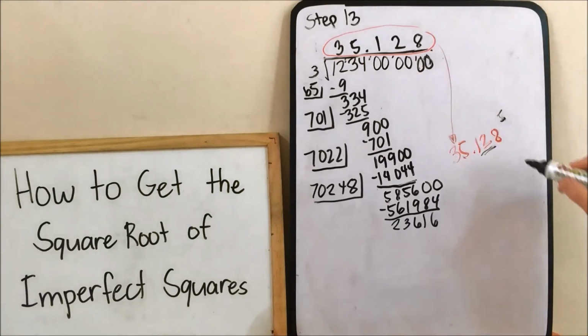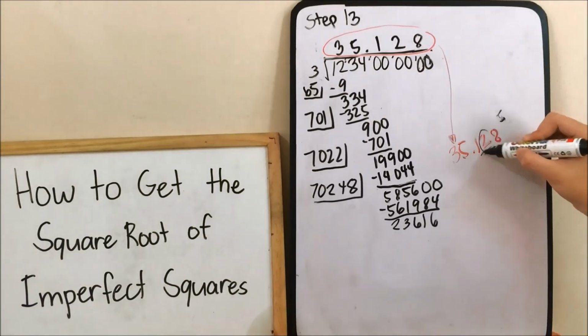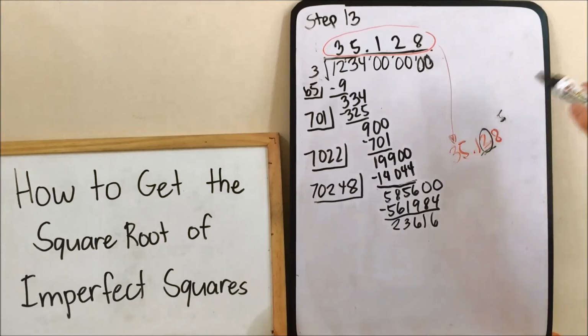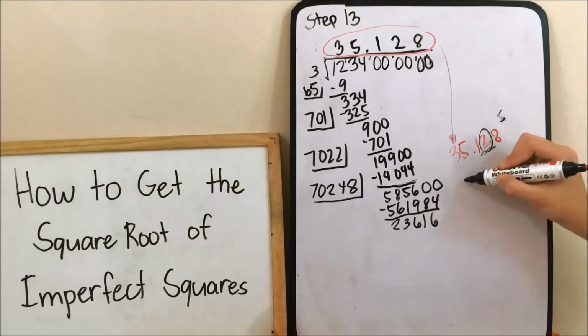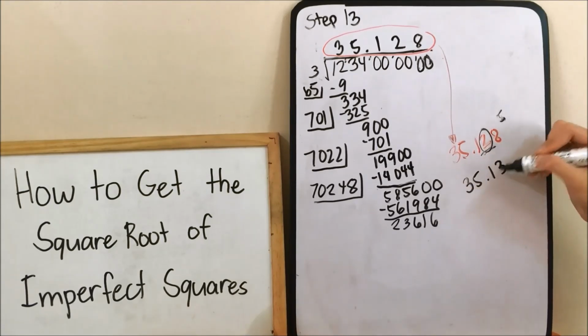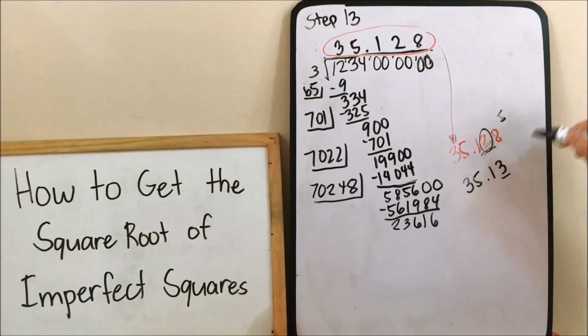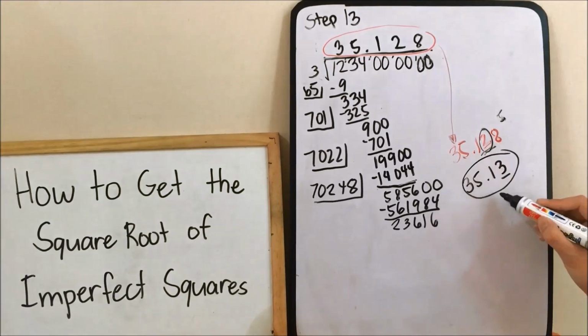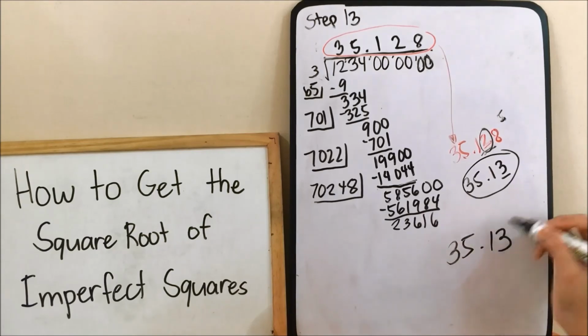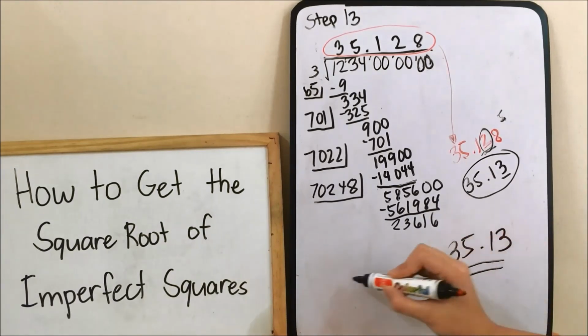So if it is greater than 5, then we round up. So this becomes 35.13 because we round up. So now this is our square root. 5.13.